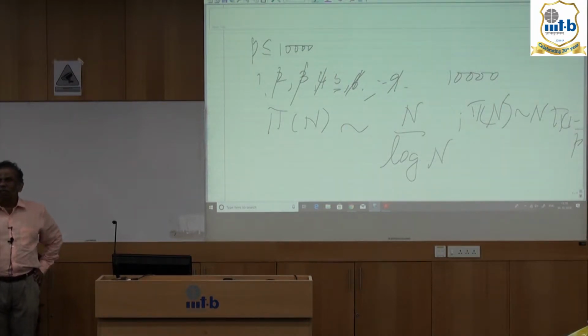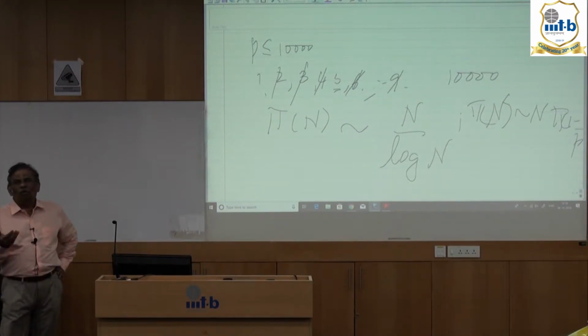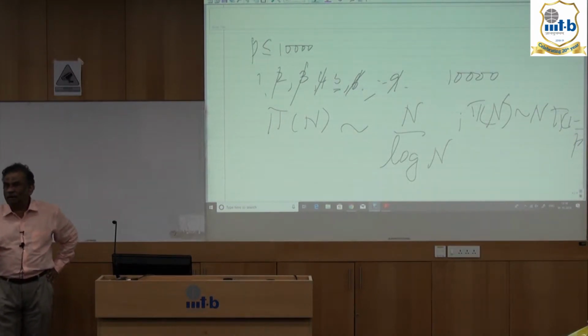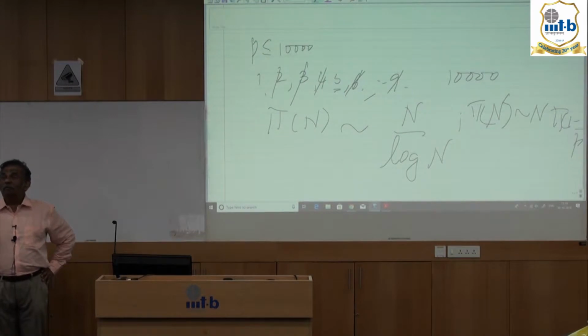Therefore, the probability of divisibility by 2 is half, the probability of divisibility by 3 is 33 by 100. The probability of divisibility by 6 is exactly 16 by 100, which is not equal to the probability of divisible by 2 times the probability of divisible by 3, which means that the events are not really independent.